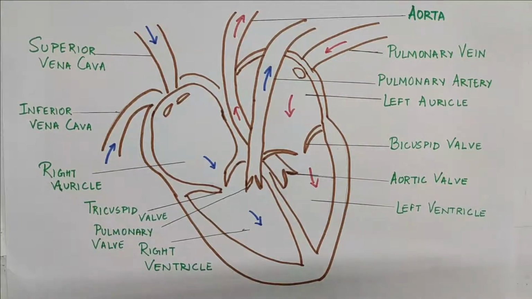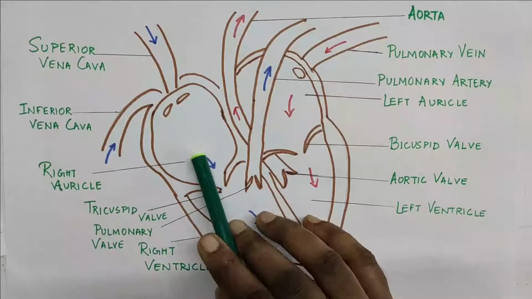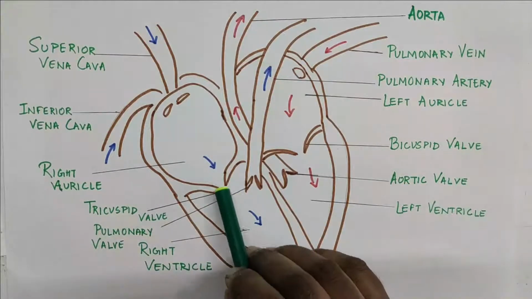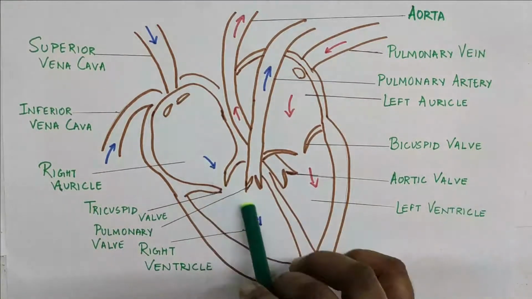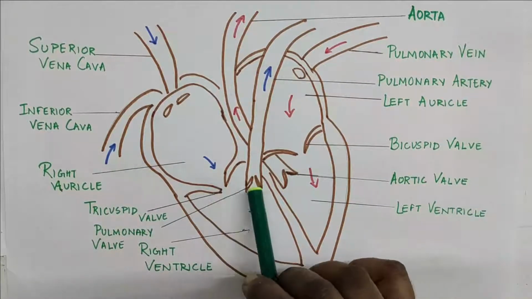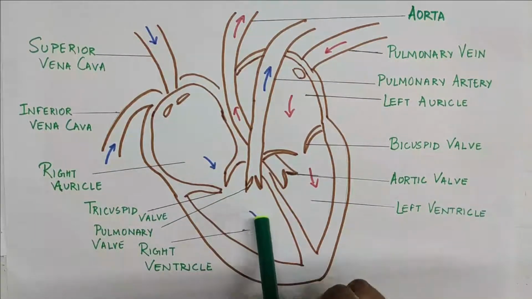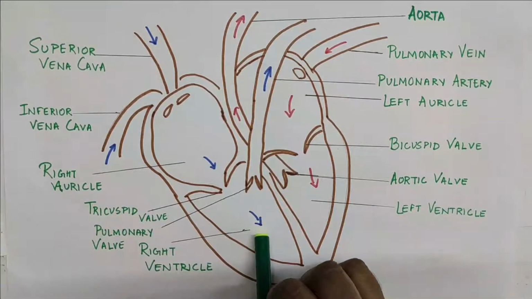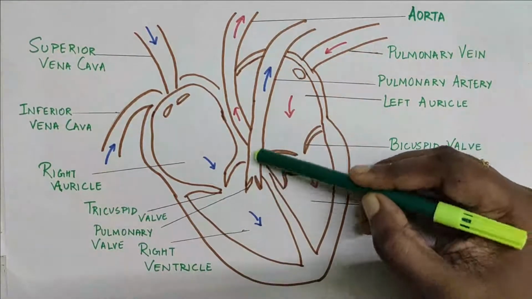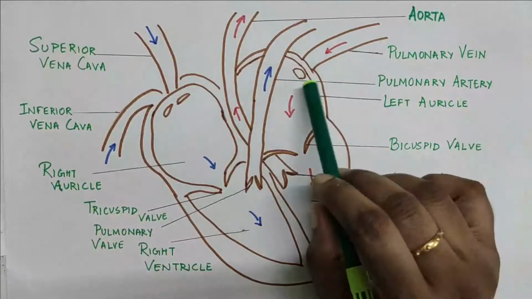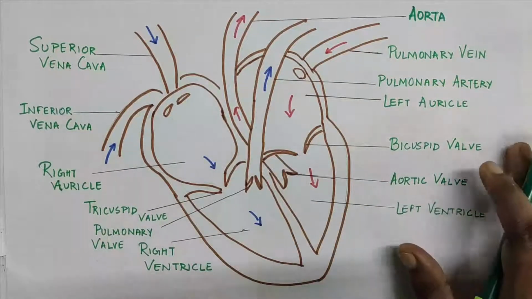Once it reaches the right auricle, the blood is then pumped into the right ventricle, and the tricuspid valve, which is on the right side, closes. From here, the impure blood, which I have shown with the blue arrow, is taken to the lungs with the help of the pulmonary artery.